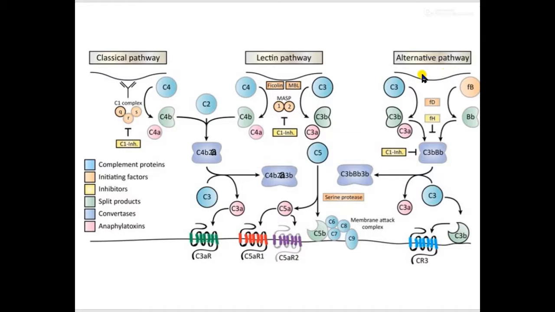Now let's move to the alternative pathway. In the alternative pathway, I told you it is a shortened pathway which has to act at the time of emergency. Okay. Now, for example, a cobra venom is coming, or if you have a yeast infection, the yeast cell wall will contain a protein called zymosan.